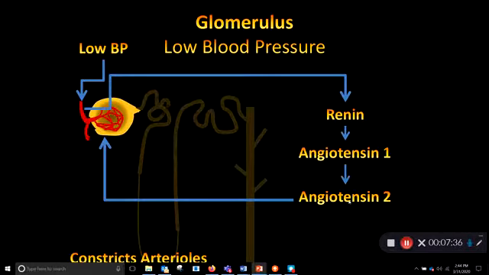Angiotensin 1 will activate angiotensin 2. And angiotensin 2 is going to come back, hit that glomerulus, and constrict those arterioles. If it constricts them, that means less blood flow into that, which means even less filtrate is going to go out into the urine. Thus, if you increase or maintain volume, you will not have a blood pressure drop any further.